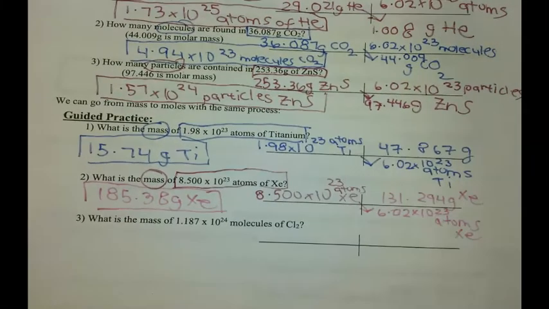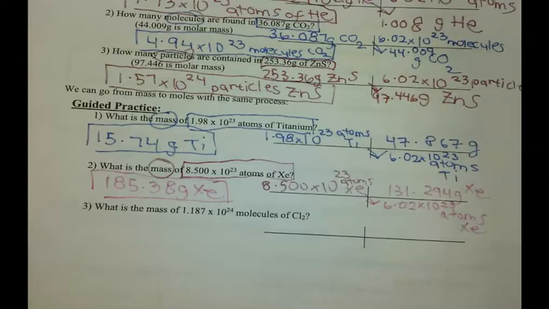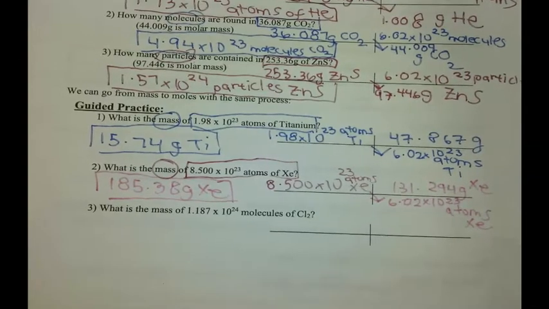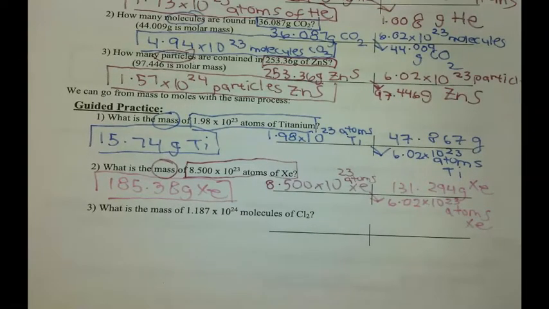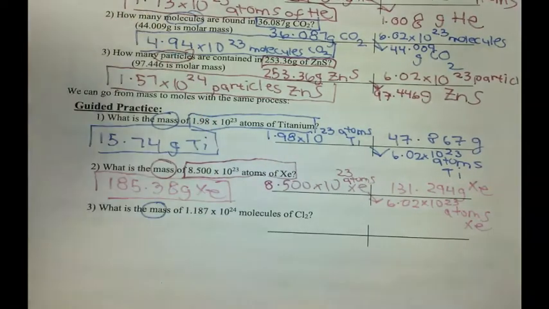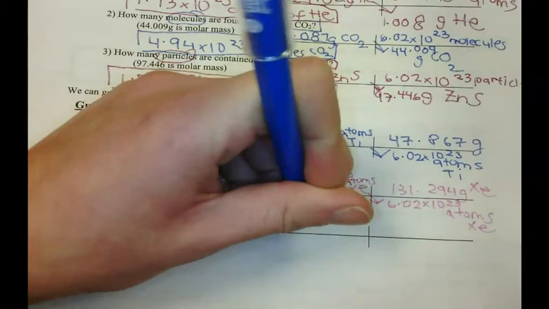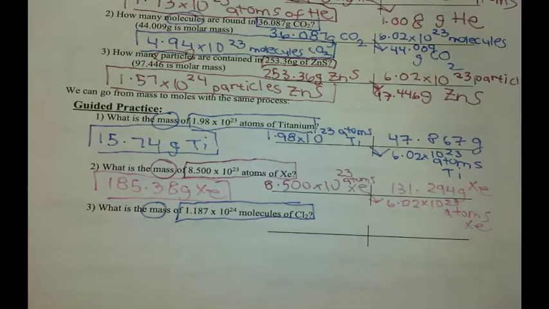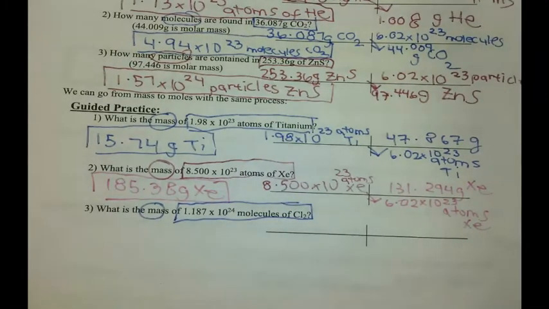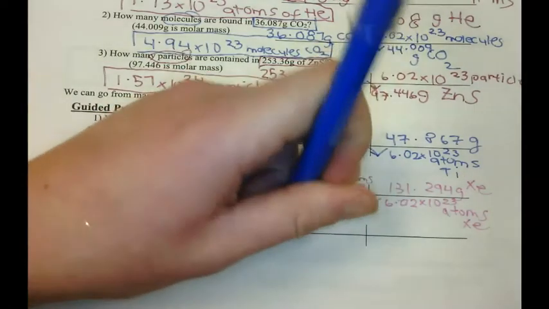And let's practice one more example. What is the mass of 1.187 times 10 to the 24th molecules of Cl2? Okay, I'm looking for mass, that's my unknown, with a given of that 1.187 times 10 to the 24th. So I'm going to put that in my top left box.